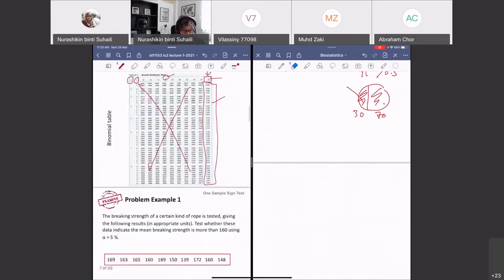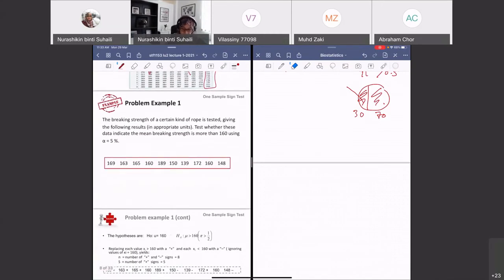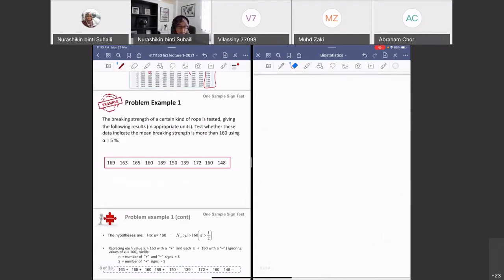Let's have a look at one example. The breaking strength of a certain kind of rope is tested, giving the following results in appropriate units. Test whether this data indicate the mean breaking strength is more than 160 using alpha equal to 5%. So alpha here is the level of significance.